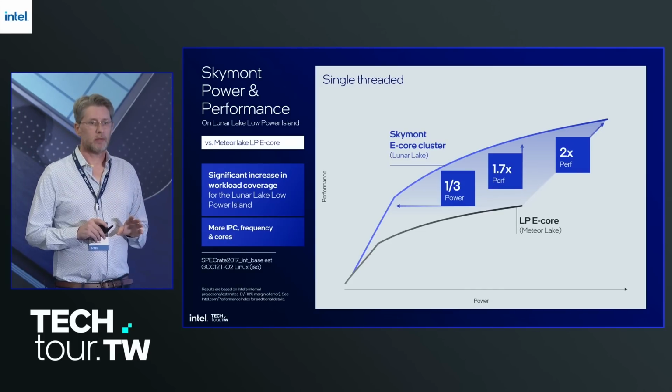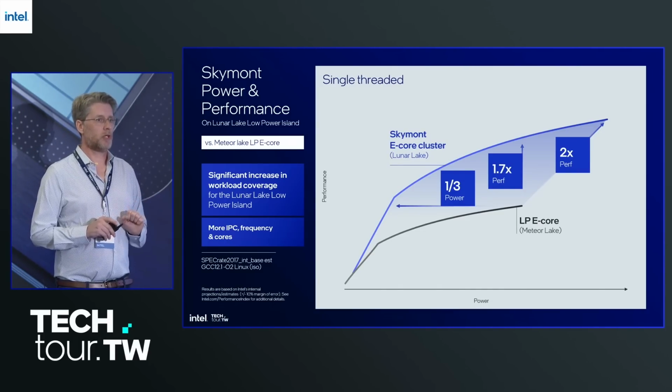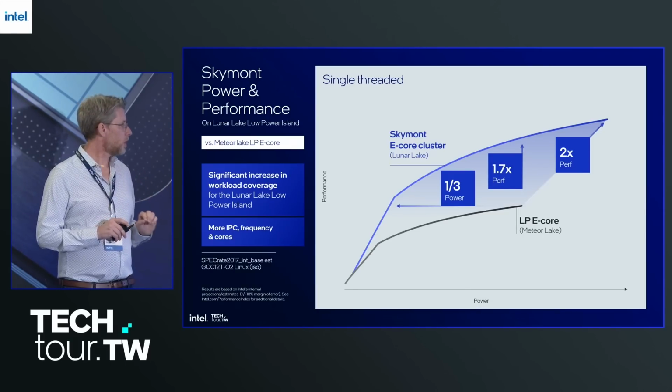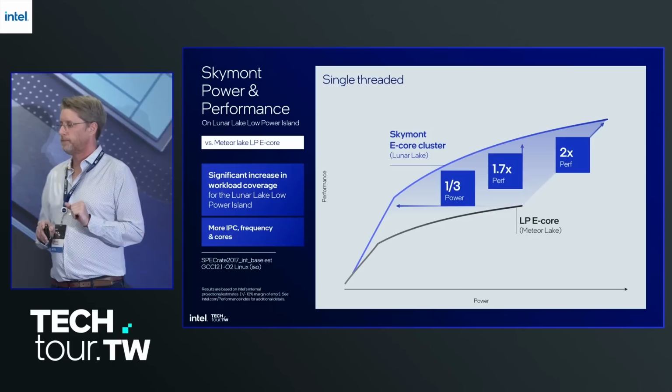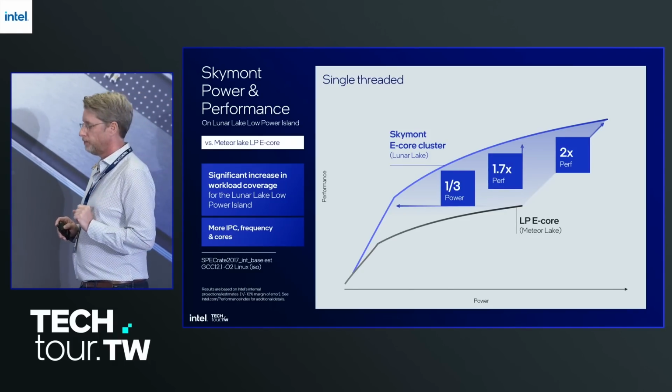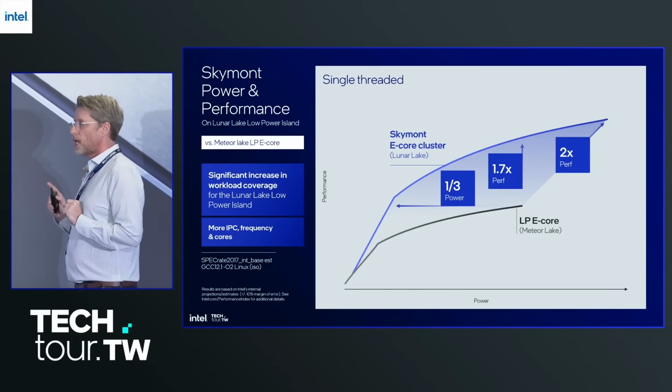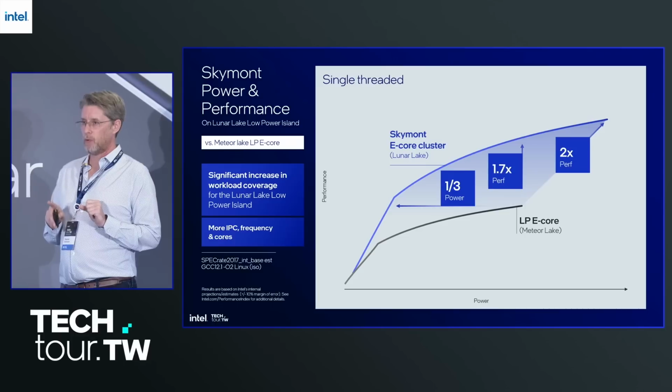One third the power at the same peak performance of the previous generation. So full frequency that we chose to run that at, same performance, one third the power, 0.3. Two thirds less.